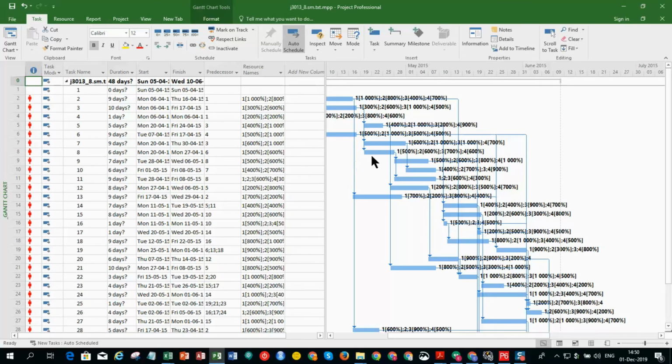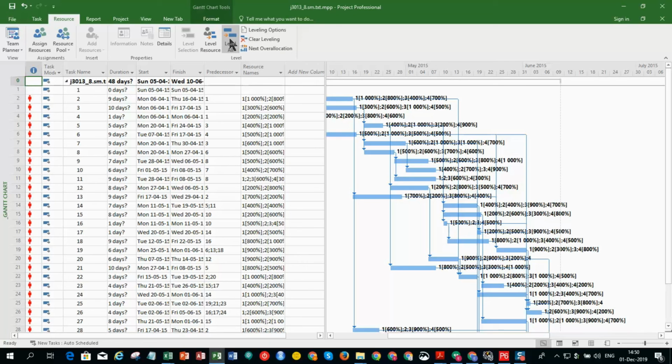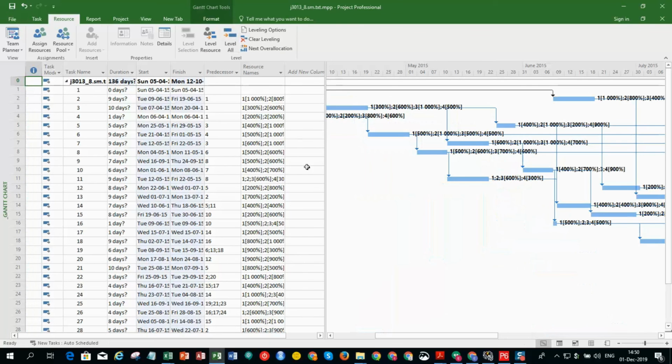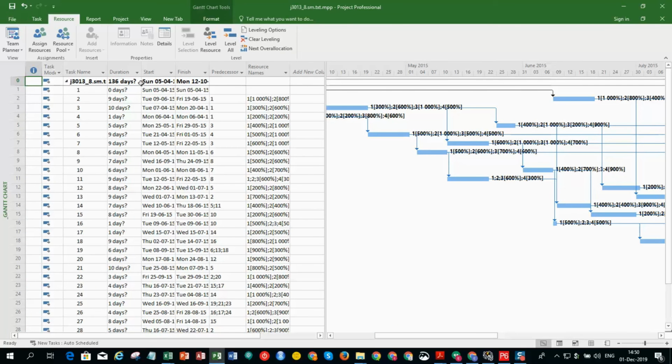So now, without resource leveling, the schedule has a 48 days duration. Let's do resource leveling here. We go to Resources, Level All, and we have a 136 days schedule. Whether it is good or bad, we will see once we compare it with other tools.